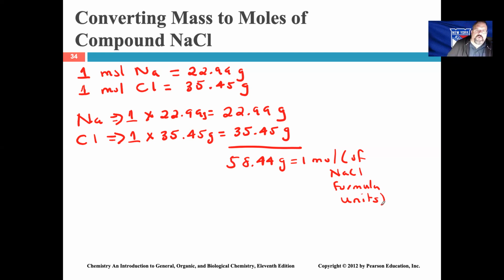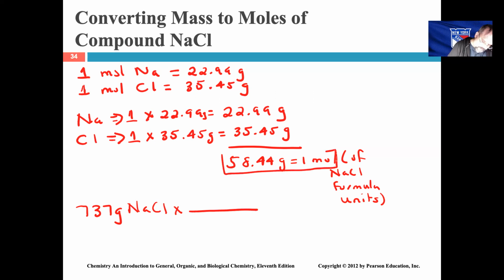So we go back to the question, and the question tells us that we have 737 grams of sodium chloride. So now we're going to multiply that by a conversion factor using the molar mass. And in our answer, we're looking for a certain number of moles.